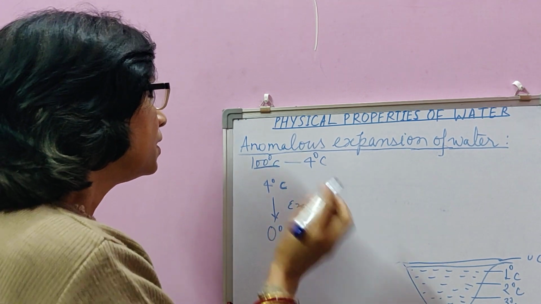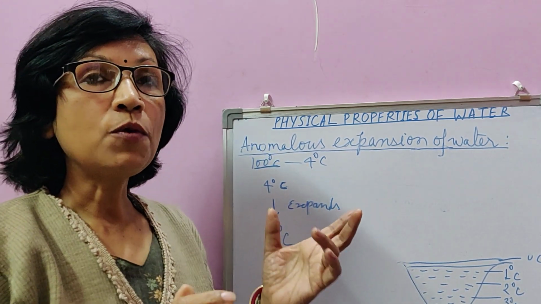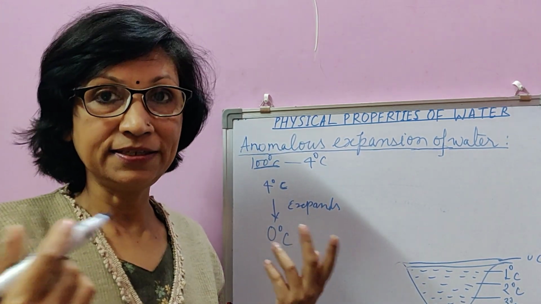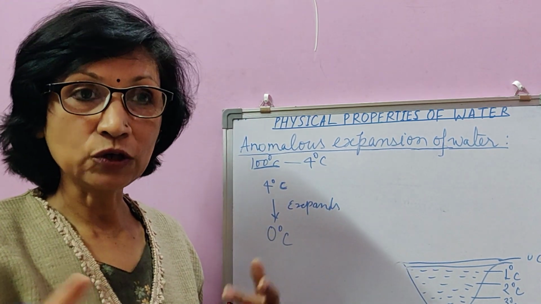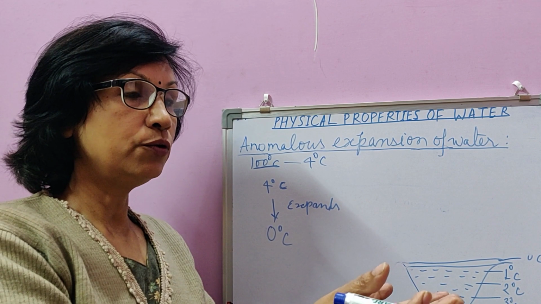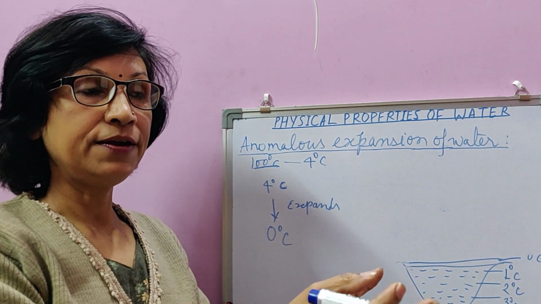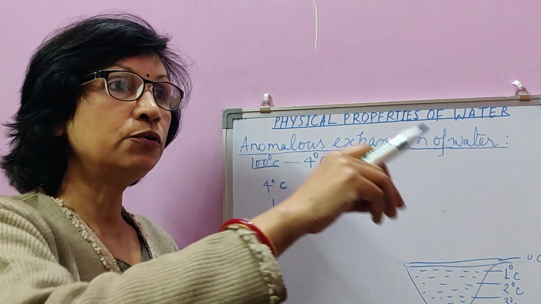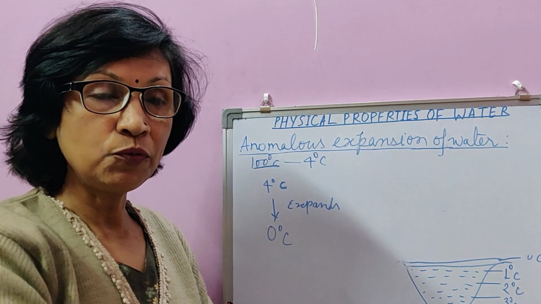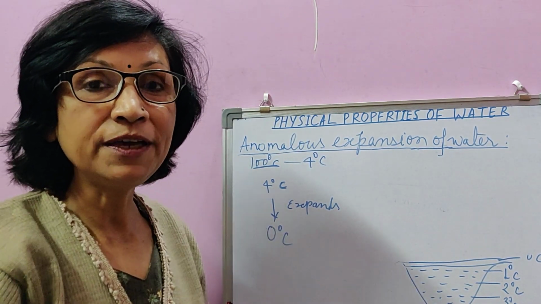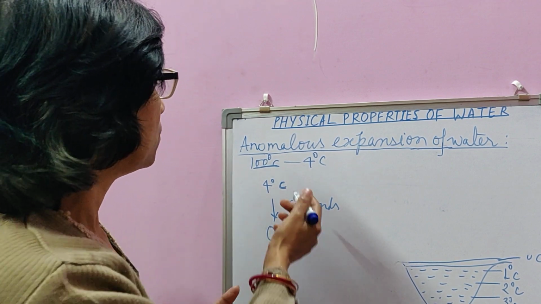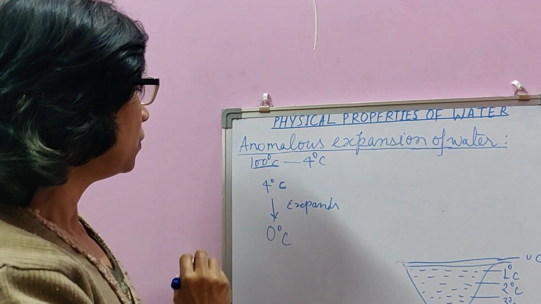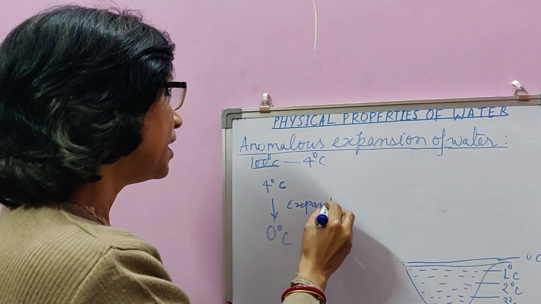Normally, the solid form of every substance has the highest density. Liquid form has less density than solid form. If in liquid gold or liquid iron we put a piece of solid gold or solid iron, it will sink because of being more dense. But that doesn't happen in the case of water. When water is cooled below 4 degrees Celsius, it expands.